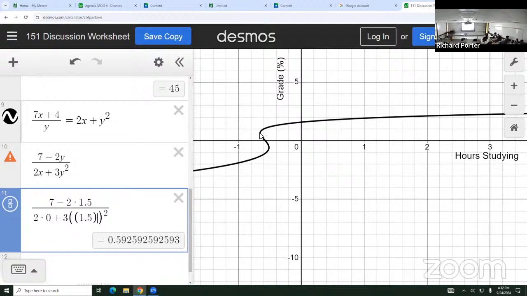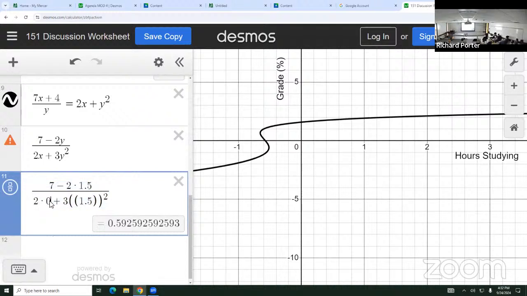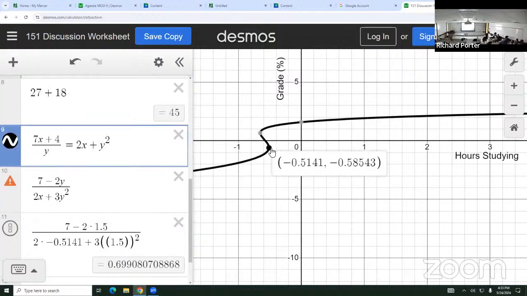Let's try this point right here, the one that I said doesn't work. Minus 0.5141. Again, here's Desmos only giving me 4 decimal places. Just copy this. That's the x value, right? So that goes here. Okay, and then the y value was this one.